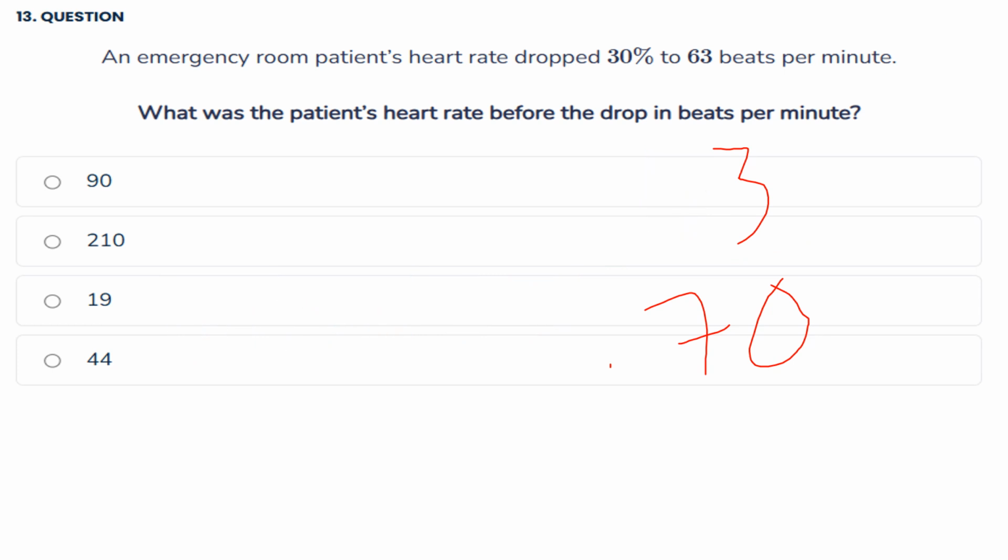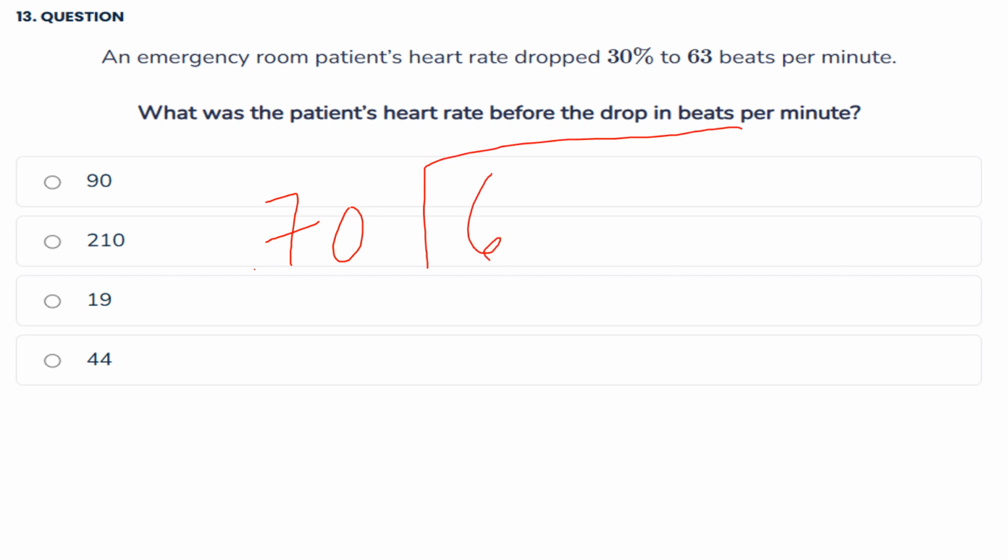I need to erase this so I have enough space to do the math problem. So 0.70, we have 63. So we're going to just turn this, we're going to divide 70, and this decimal point will come into play afterwards.